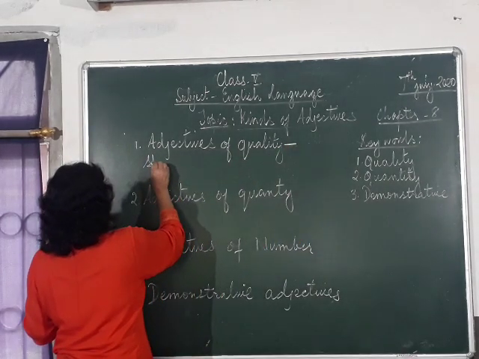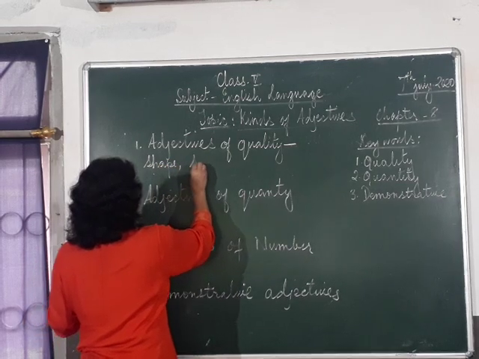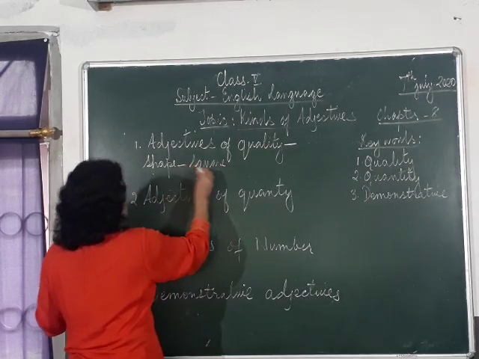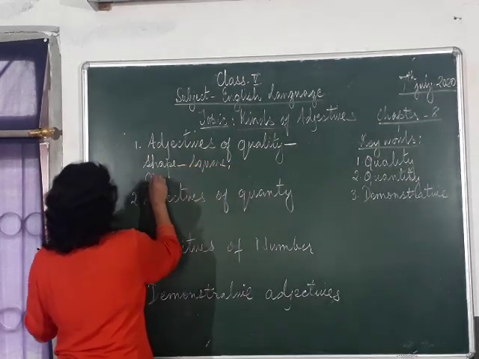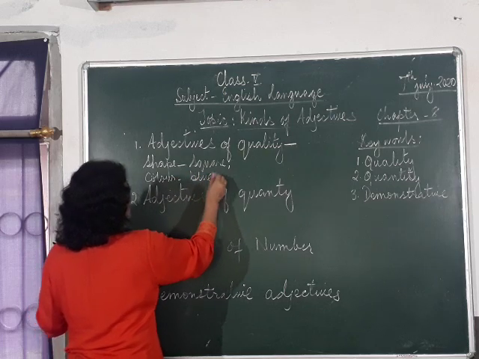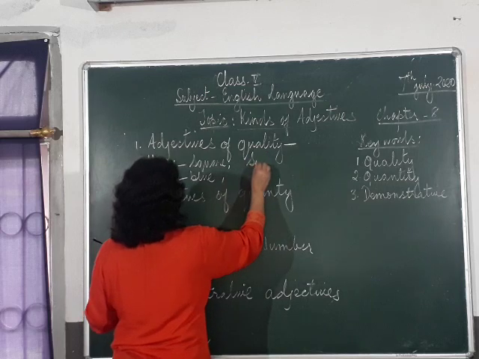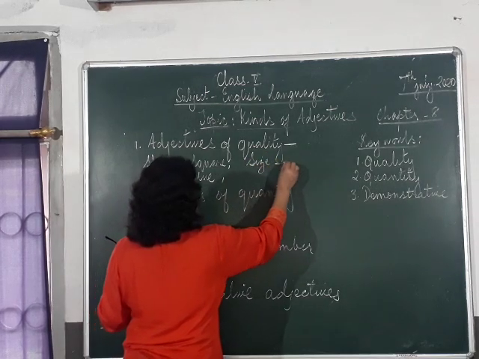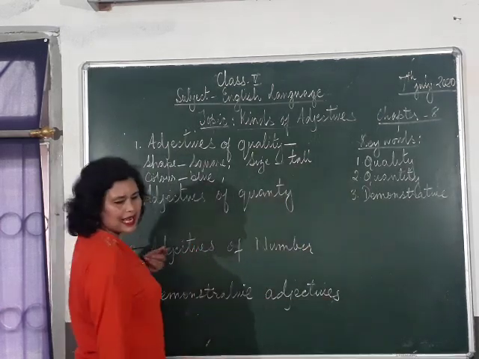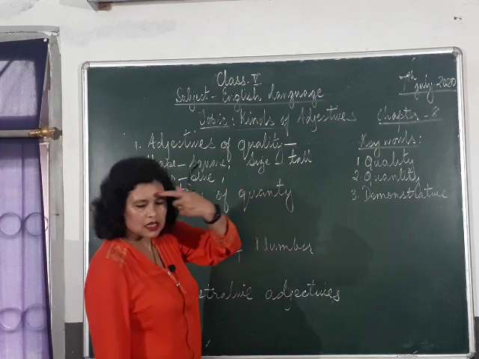Shape: you can write square, squarish shape. Then color: blue. Then size: tall.